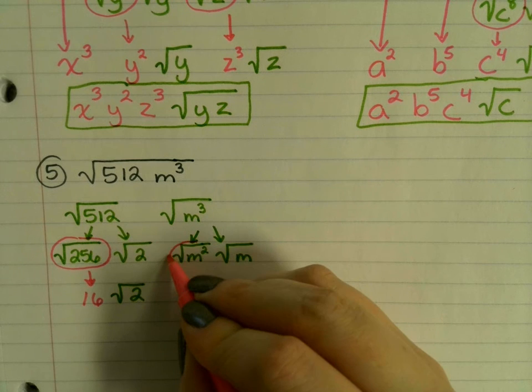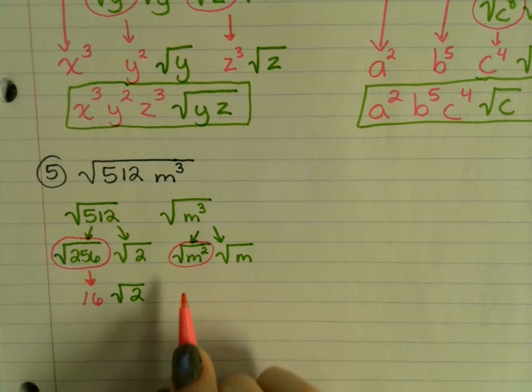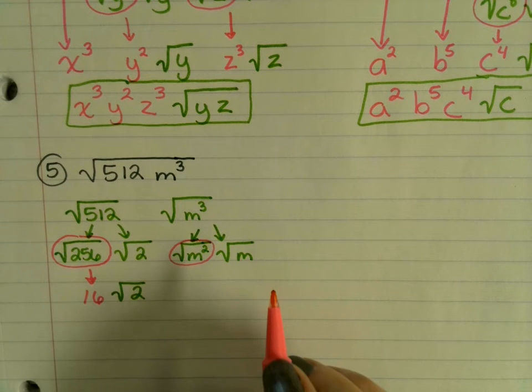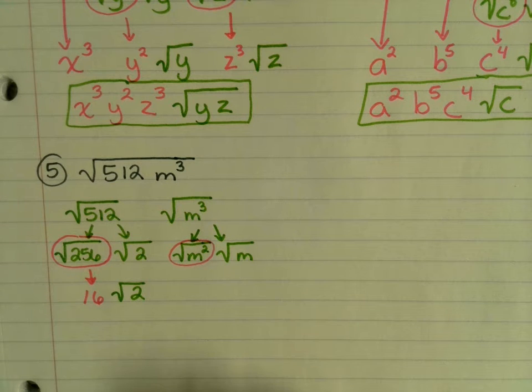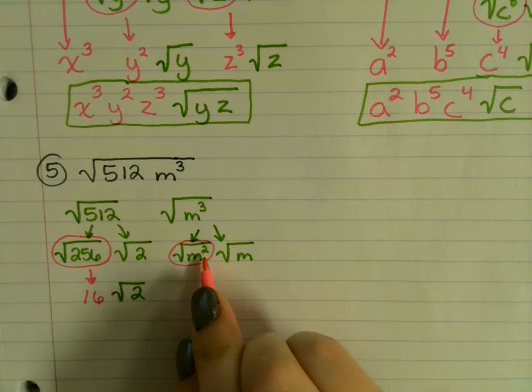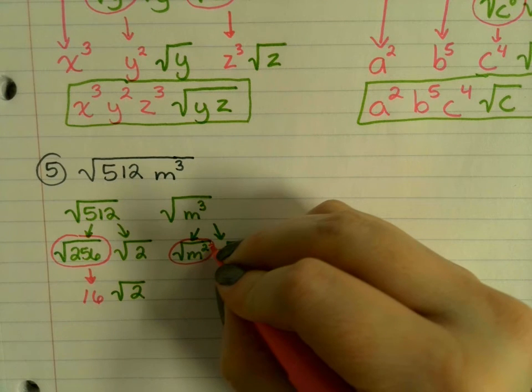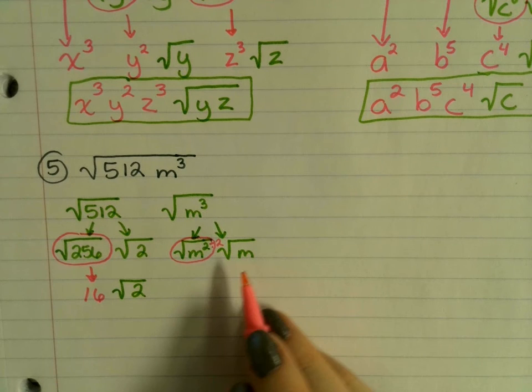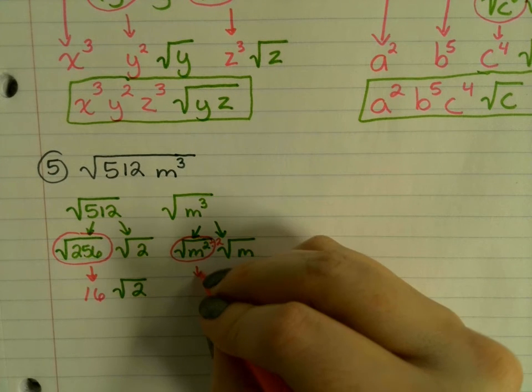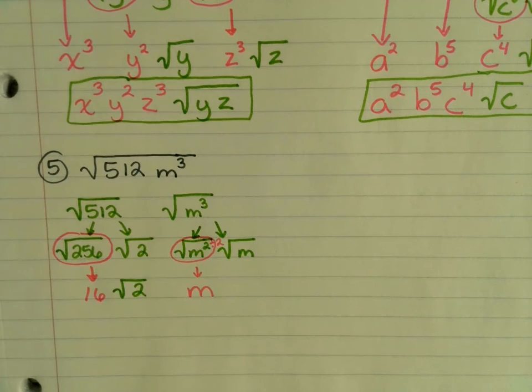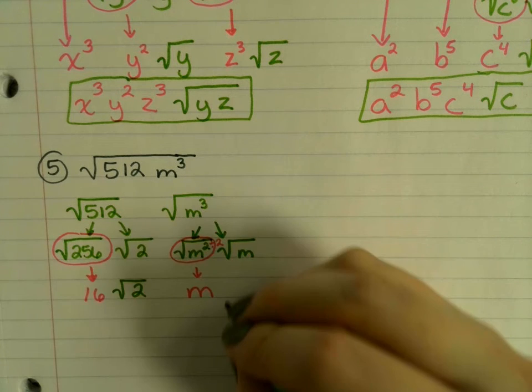What is the square root of m squared? Just m, right? If you take the 2 and divide it by 2, that's going to leave you with just m. And of course, now we still have square root of m inside that root.